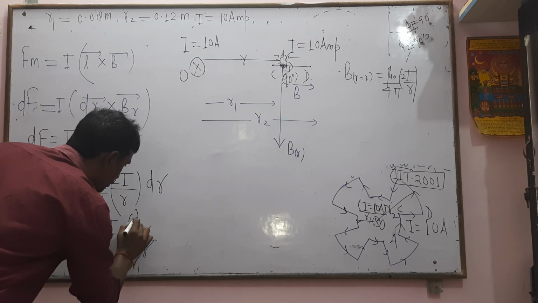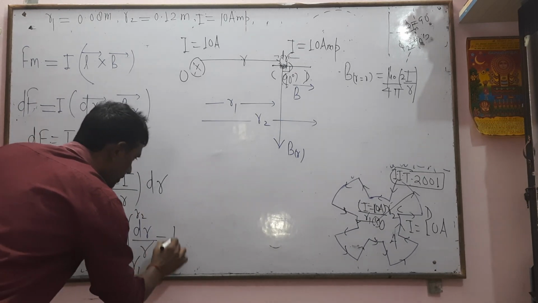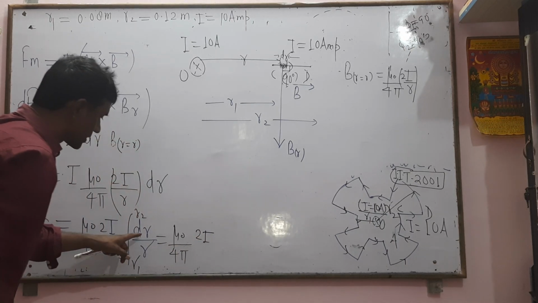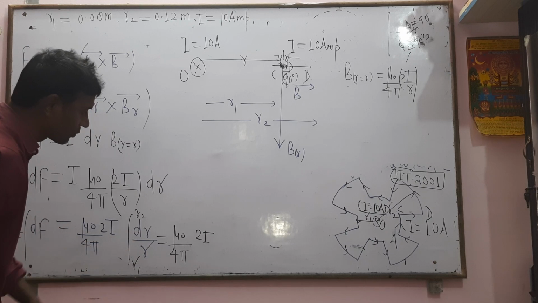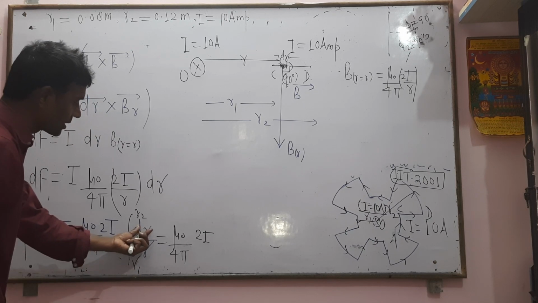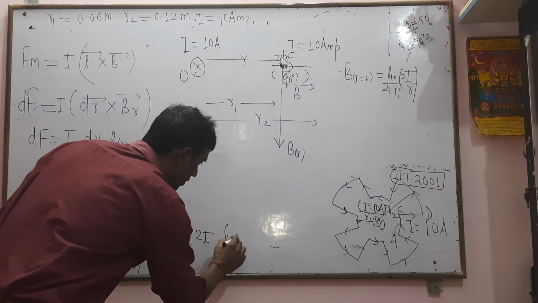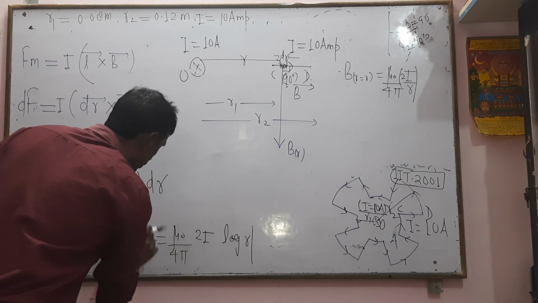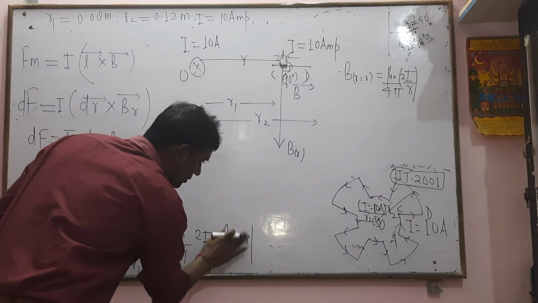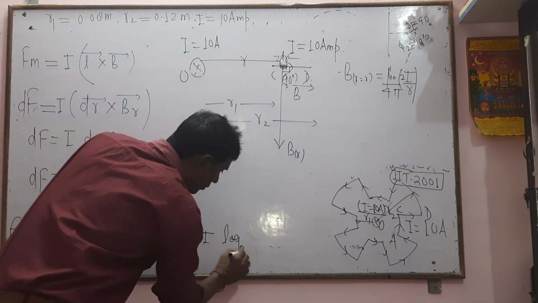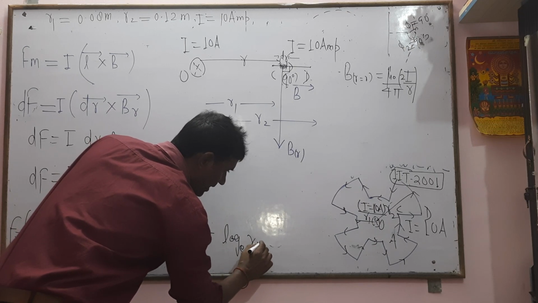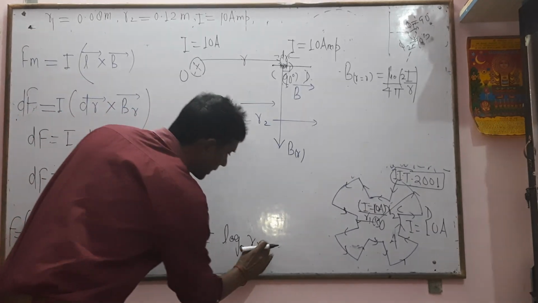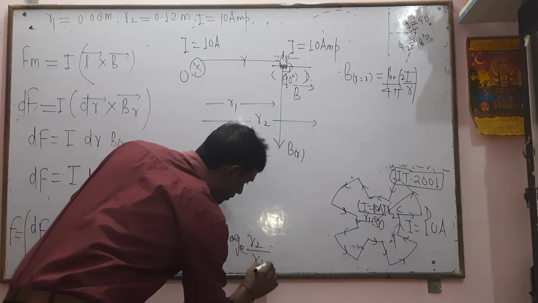So R1 to R2 equals mu naught by 4 pi 2I, integration of dr by r, like dx by x, equals ln r, or we can say log of r. The lower limit is R1 and the upper limit is R2, so we get log R2 at base e minus log R1. Log m minus log n equals log m upon n, so log of R2 upon R1.